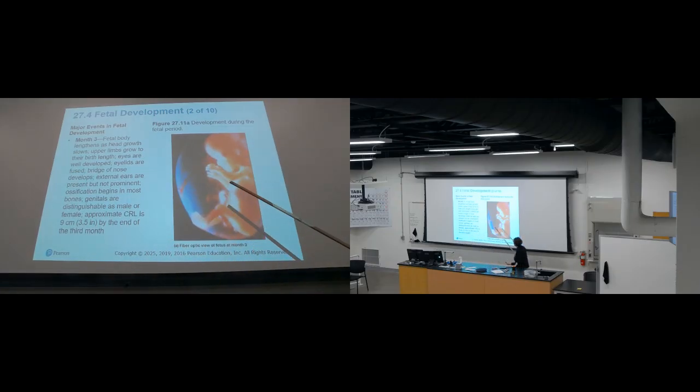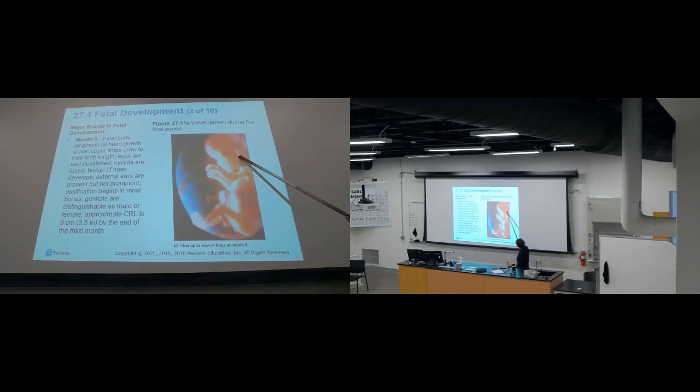So by month 3 of development, you have growth in length, you have formation of these upper limbs, the head is large because the neurons are developing, and also that happens during the first 2 years of life. That's where you have more development of the neurons.